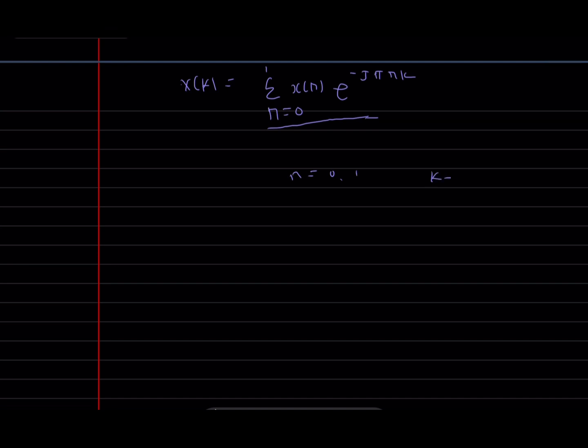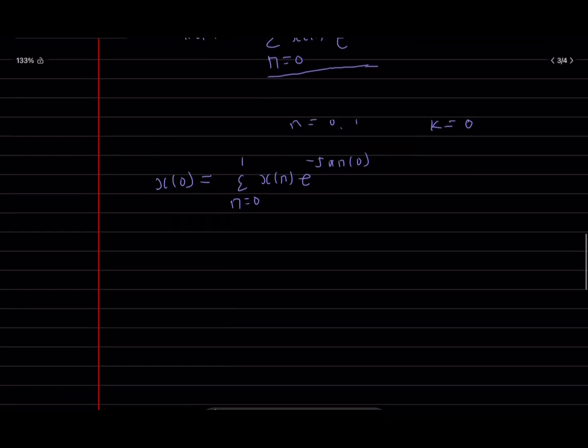So now let's try and simplify things. For k equal to 0, we are going to get X of 0 equal to the summation from n equal to 0 to 1 of x of n, exponent negative j pi n multiplied by 0. And therefore, when we do this, this part becomes 0 up there, and exponent power 0 is going to give us 1.